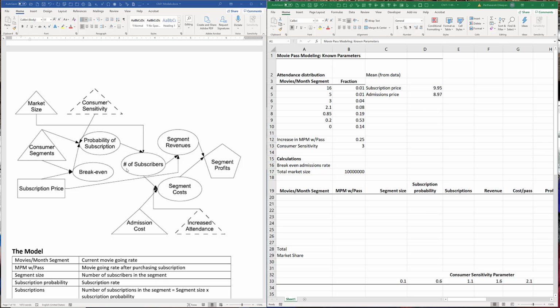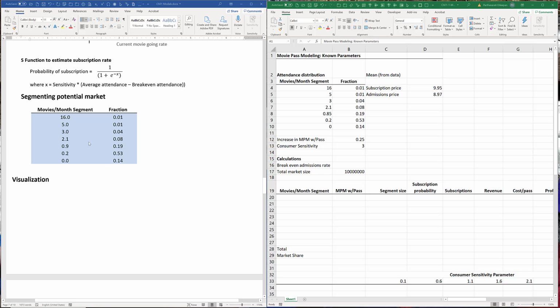So we start with segmenting the market. We have total market size is 10 million. Let's format it like that for easy reading. And then we have market segmented in this fashion.